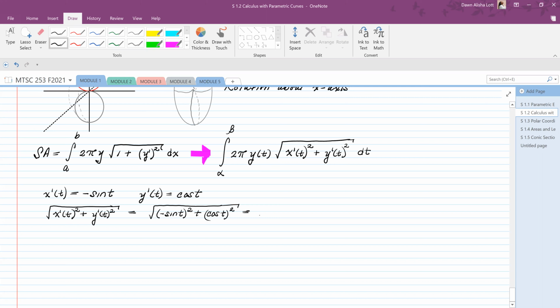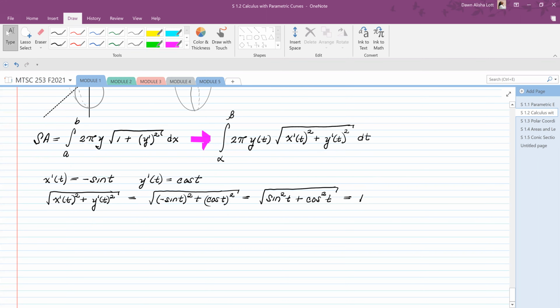That becomes the square root of sine squared t plus cosine squared t. And yay, something easy. That's the square root of 1, so that's 1. So that whole big square root just becomes 1 for us.